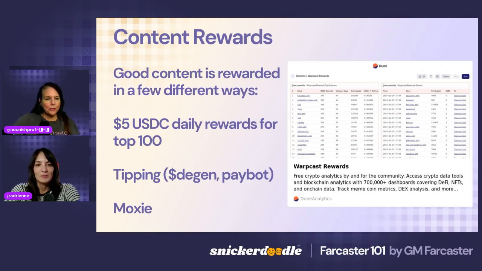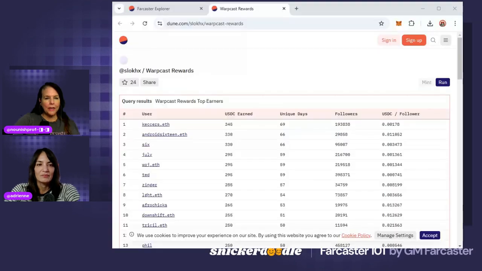And we also wanted to share this, which is the top Warpcast rewards dashboard. So this is all the folks who have been rewarded for their content by the Merkle team based on engagement. And as you'll see, this is a fantastic list of people to follow and to interact with on the feed.